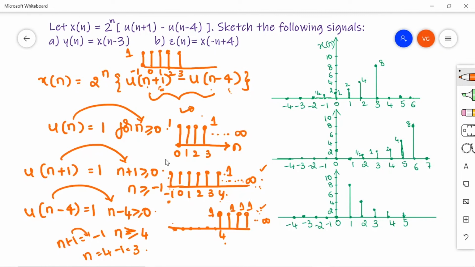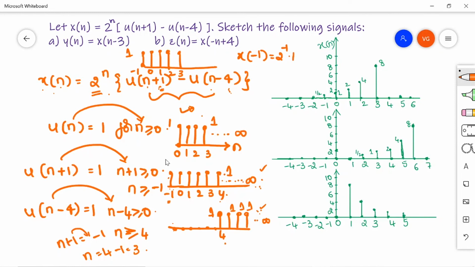But they are asking you to multiply this, we call it amplitude scaling, right? 2 power n, that is at x of 0. The signal is extended from minus 1 to 3, no? Means x of minus 1 will take, right? So x of minus 1 means what? 2 power minus 1 multiplied by, at x of minus 1, what is the amplitude? 1.